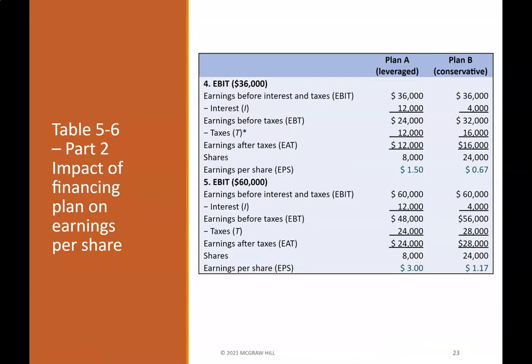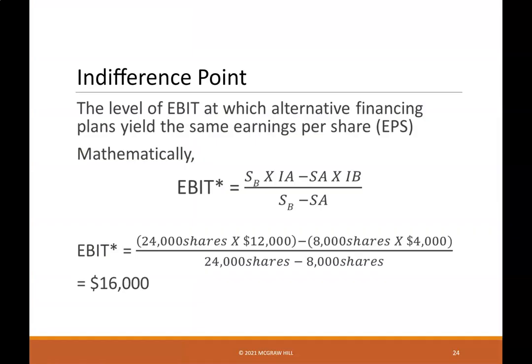Table 5-6, Part 2, impact of financing plan on earnings per share, with earnings before interest and taxes at 36,000 and also 60,000 for a leveraged and a conservative plan. Indifference point: the level of earnings before interest and taxes at which alternative financing plans yield the same earnings per share.